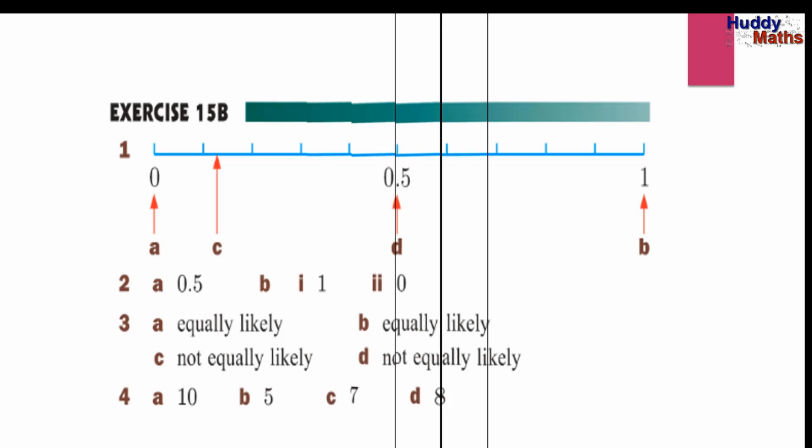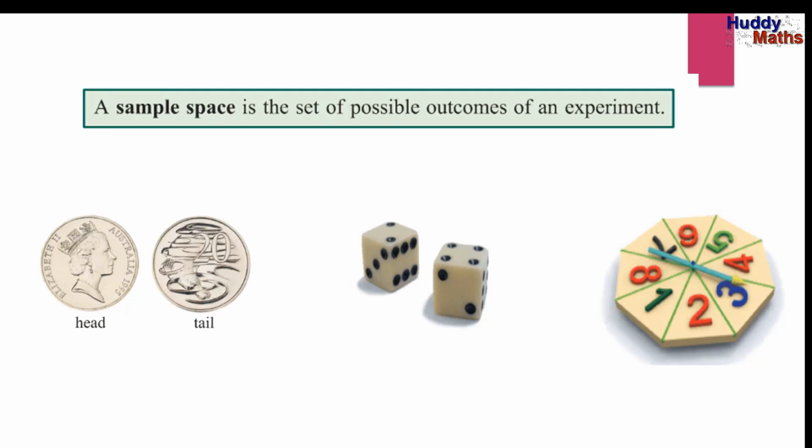Okay, let's go on now. Here's some more language. A sample space is a set of possible outcomes of an experiment. Sample space, why would we say that? It's a space or a set of samples. What does that mean? That is where we can take our outcomes from, if you like.